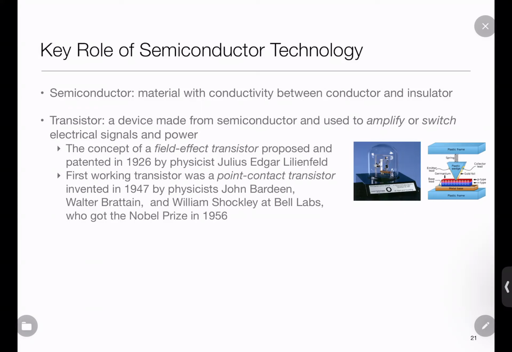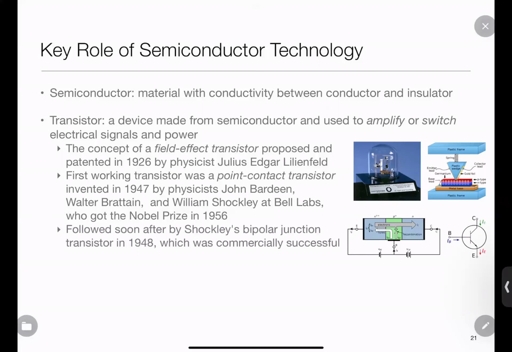They made a version of the transistor, which they invented in 1947, and in 1956 they received the Nobel Prize because it was a pretty cool accomplishment. But this particular transistor that they built was not very practical. While it showed the concept, it's not the one which we find commercially currently.